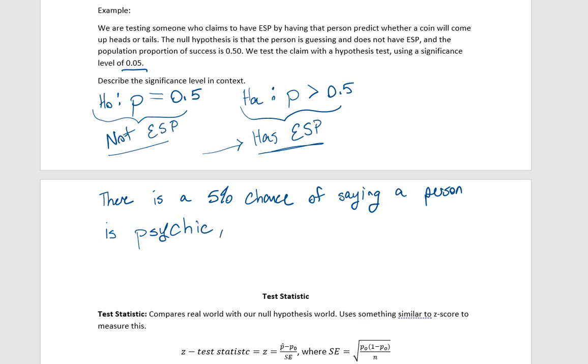So there's a 5% chance of saying a person is psychic when really, so we rejected H naught, which means that we said they have ESP, but we were wrong, so they don't. So we want there to only be a 5% chance of this happening.